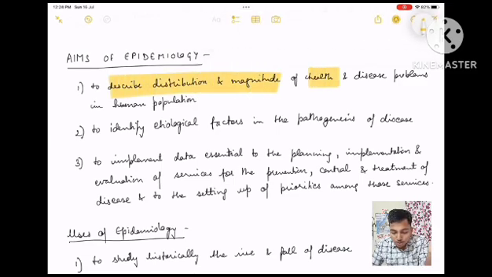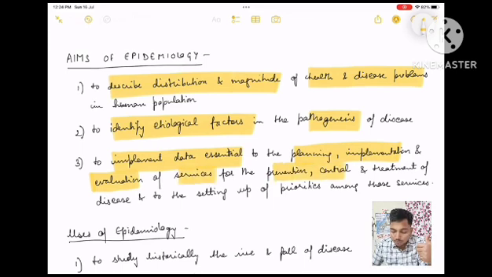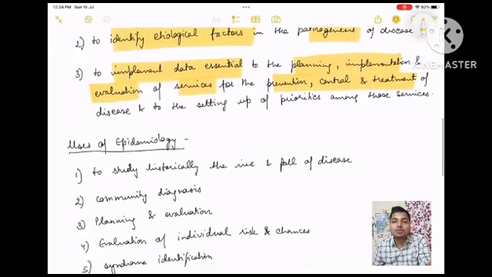The second is to identify the determinants influencing such processes, that is, to identify the etiological factors in the pathogenesis of a disease. And third was to implement this knowledge to control relevant health problems. Similarly, the third aim is to provide the data essential for planning, implementation and evaluation of services for prevention, control and treatment of the disease, and to set up priorities among those services.